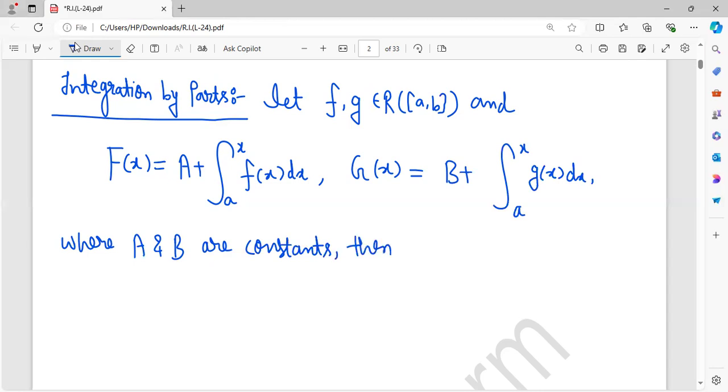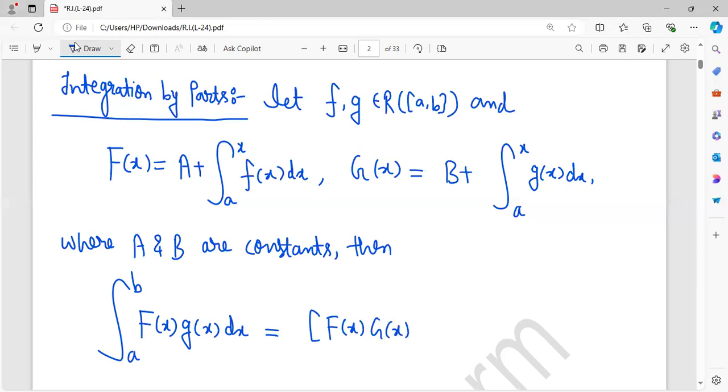Then the integral from a to b of capital F(x) small g(x) dx is equal to capital F(x) G(x) evaluated from a to b, minus the integral from a to b of capital G(x) small f(x) dx.